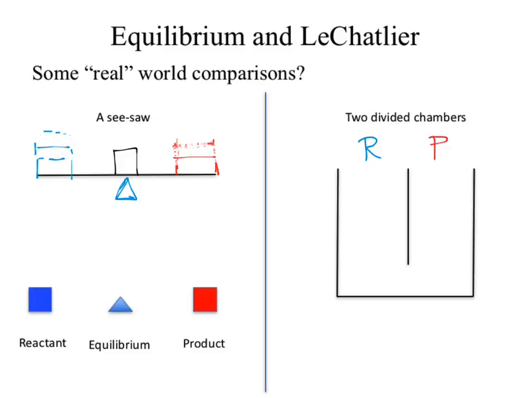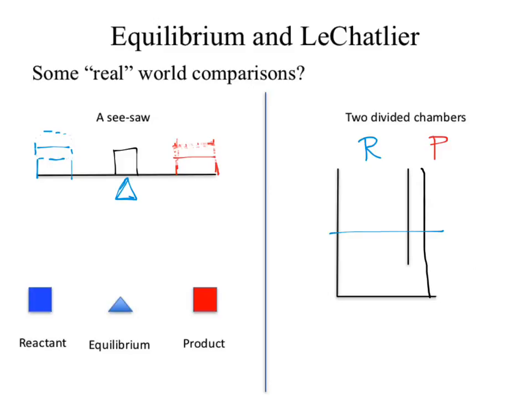What is the assumption we're making when we're saying the reactant concentration must equal the product concentration? In the case of the two divided chambers, we're saying those chambers are the exact same. What happens if I make one of those chambers really thin? If we had liquid, when we reached equilibrium, what would our liquids look like?